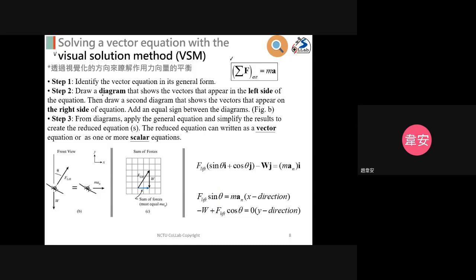Second, we draw a diagram to understand the problem we meet. Finally, we solve the problem with the force balance, converting the vector forces into projections in the horizontal x and vertical y directions, and we can make the force balance for each component.